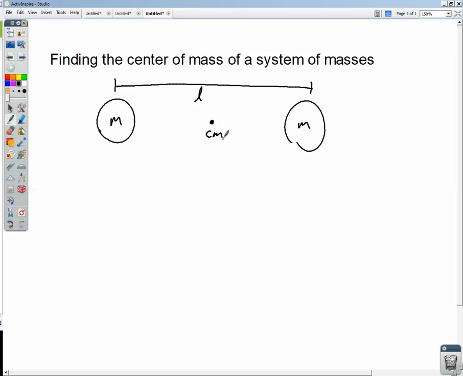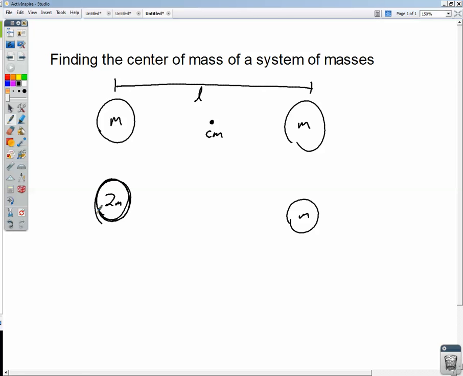Now let's talk about a little bit more complex system. Let's say that we've got a mass 2m here and a mass little m here. What we know is that the center of mass is going to be somewhere closer to the 2m than it is to the m.